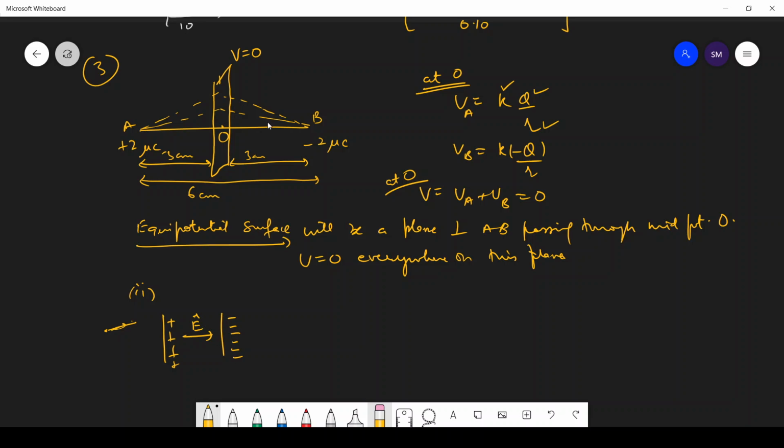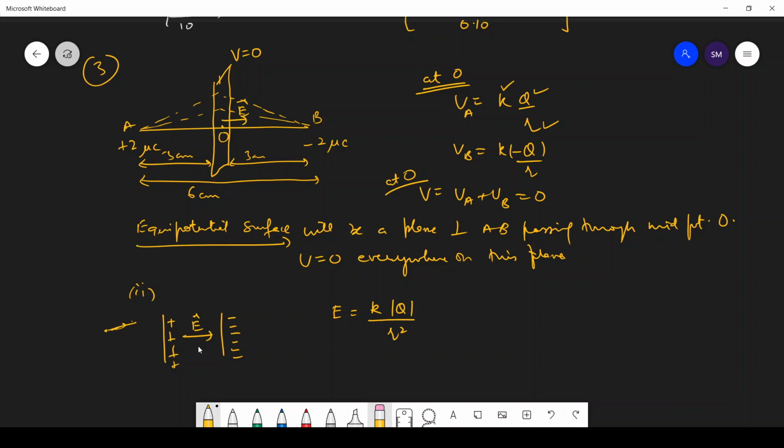So here also this is positive and this is negative, so obviously the direction of field line is from positive to negative. So at this point, electric field is not zero, students. Why? Here take the magnitude only, so magnitude will be the same for both of them.